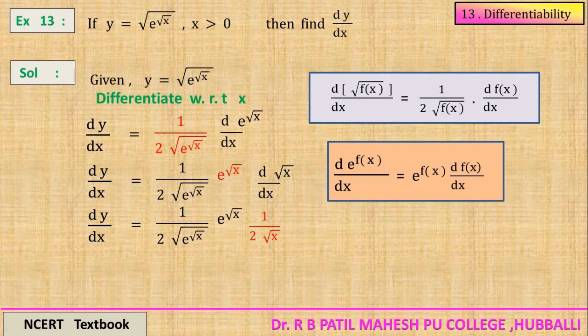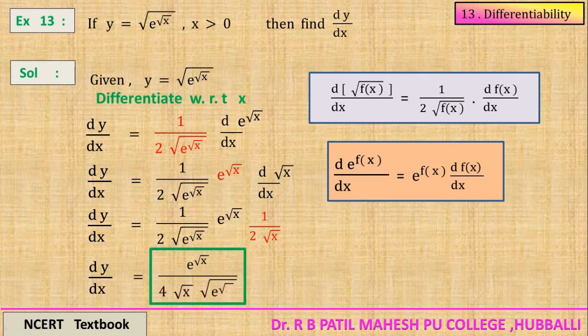One by one function differentiation. Rewriting this answer, 2 into 2 is 4 and the numerator is e raised to root x, so therefore it is written as e raised to root x divided by 4 into root x e raised to root x. So I hope you understood, students, how to follow composite of exponential function, logarithmic functions.